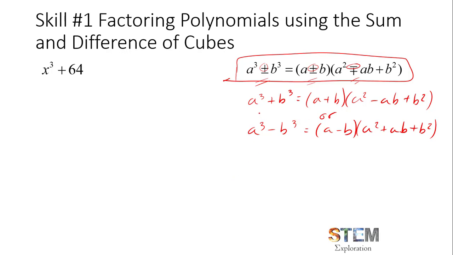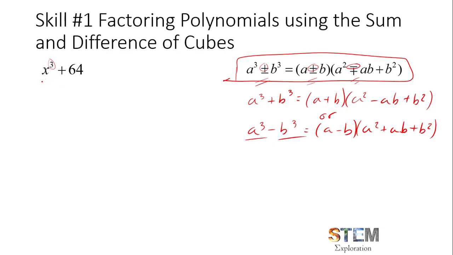Much like factoring the difference of squares, with factoring the sum or difference of cubes you need to look for an a value that's cubed and a b value that's cubed in a given situation. Let's look at a simple example like x cubed plus 64. I'm suspicious that this fits into cubes, so first I notice the third power.